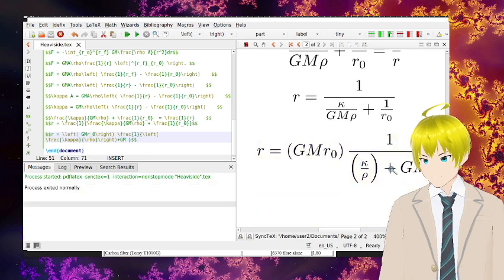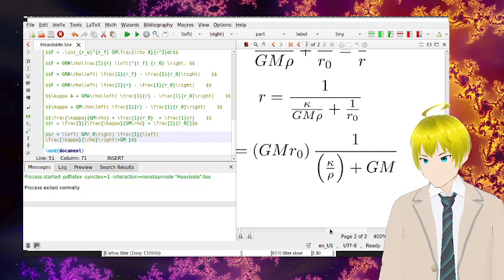Something like that. So I'm going to have a constant out front, and then this constant here, and this is calculated for each material. So this looks good to me. This is a good way to go.